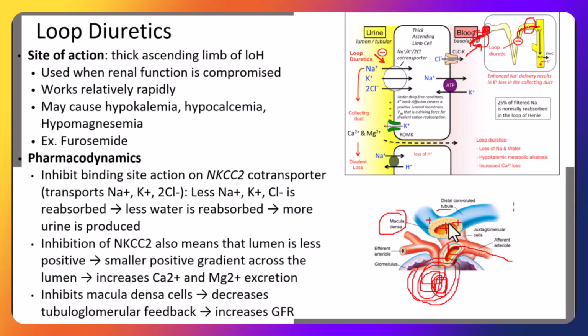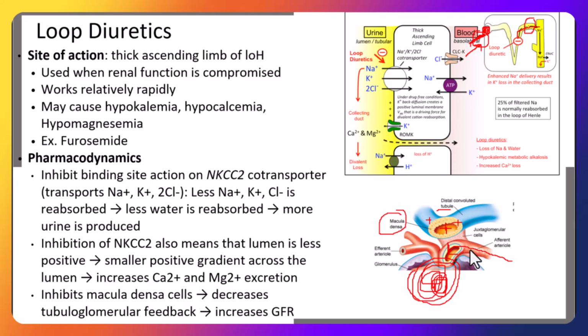And so these macula densa cells are picking up changes in concentration in sodium and chloride that pass through this tubular fluid, and will send feedback, which we call tubuloglomerular feedback. It's feedback from the tubule at the distal part to the glomerulus here, causing changes in the diameter of the afferent arteriole.